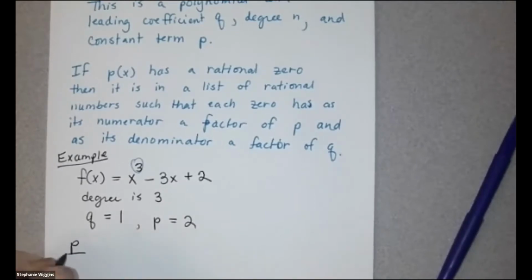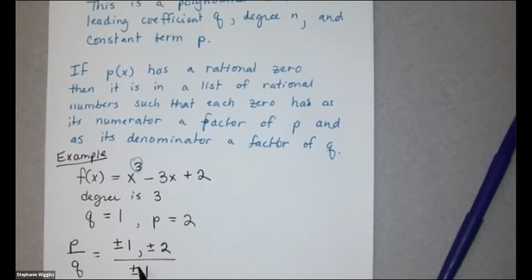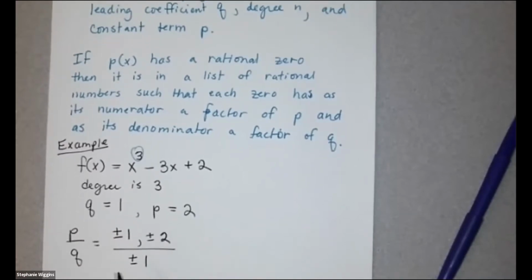And so p over q, which is the fraction, the numerator has all the factors of 2. So plus or minus 1 is a factor of 2, and plus or minus 2 is a factor of 2. And then the denominator has plus or minus 1. So you write it like this, and then you go through all the possibilities because we're looking for possible rational zeros.